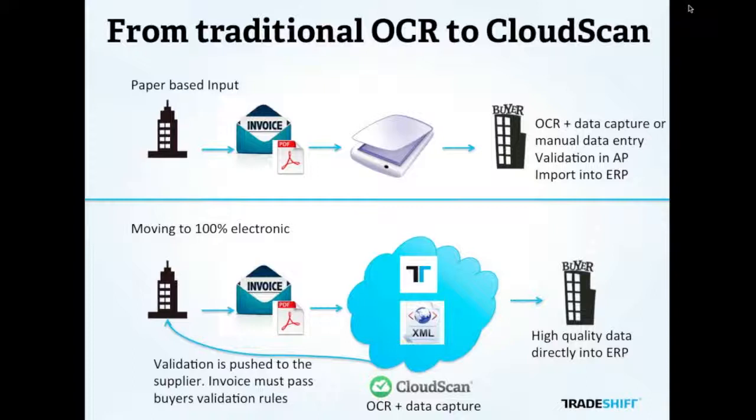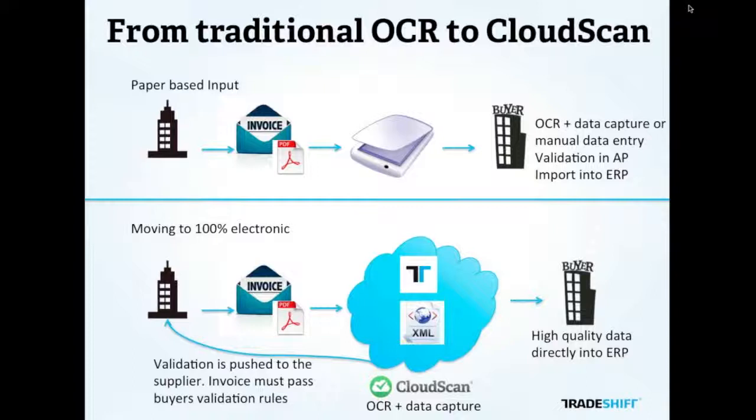It's the vendor himself, and also the invoice must pass the validation rules that we have specified for you as a buyer. So some of these validation rules could be mandatory purchase order numbers or cost centers or similar elements that you as a buyer have as a requirement for valid invoices in your organization.